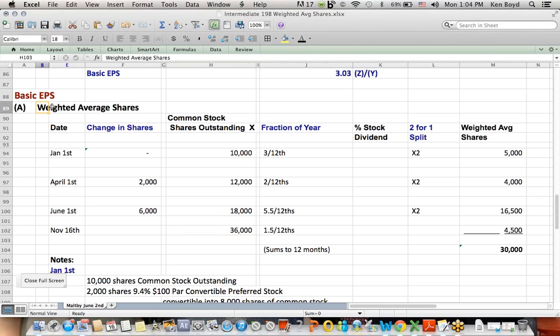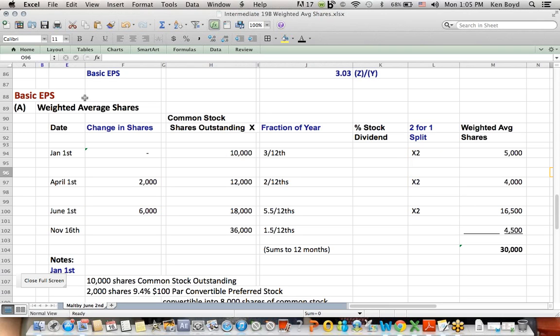What that requires you to do in the calculation of weighted average shares is to go back to every date before November 16th and multiply the shares by 2 so that you have an apples-to-apples comparison. If you didn't multiply the January 1st 10,000 shares by 2, you wouldn't have an apples-to-apples comparison, because these 10,000 shares, these 2,000, and these 6,000 all need to be multiplied by 2 for the stock split.